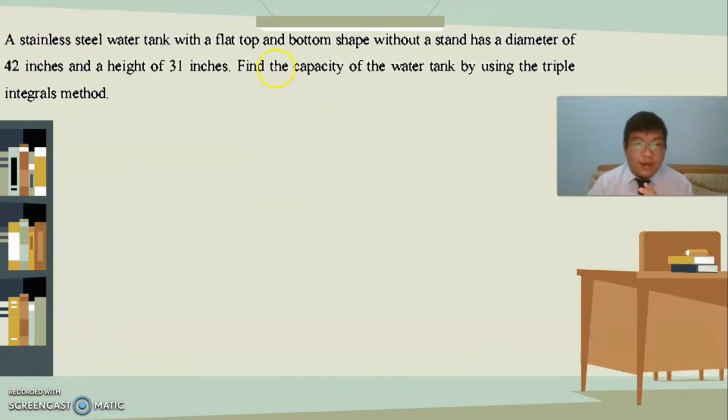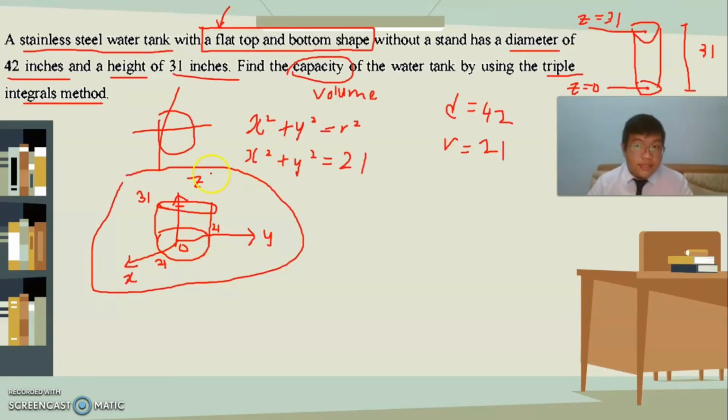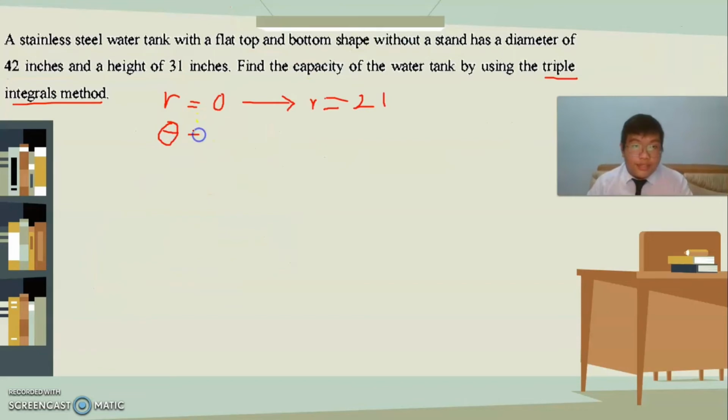After that, we will solve it by using the triple integral method. So we use the cylindrical coordinate method, in which r is from 0 until 21. Since this is a full circle, the theta value is from 0 until 2 pi.